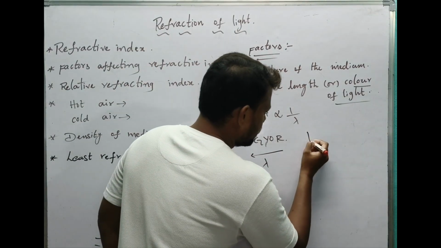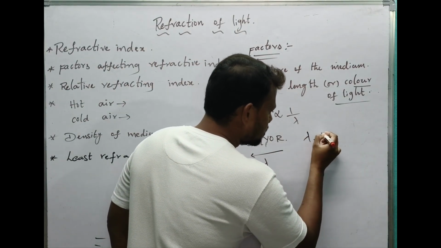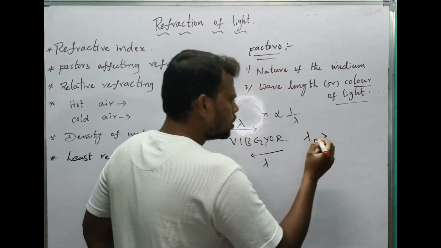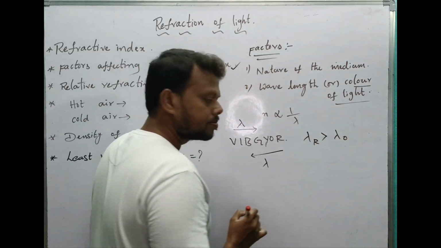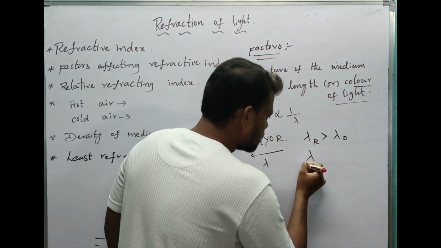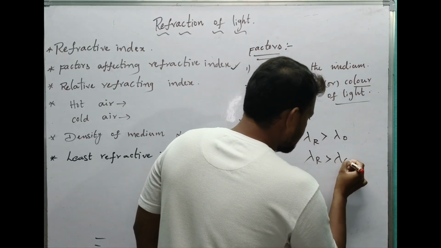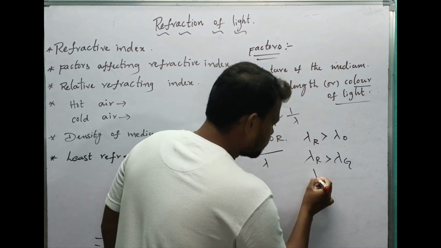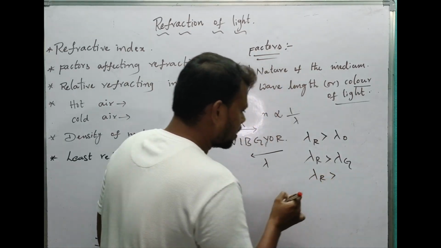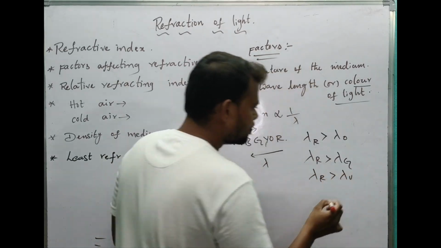The wavelength of red color is greater than the wavelength of orange, greater than that of green light, and greater than that of violet.